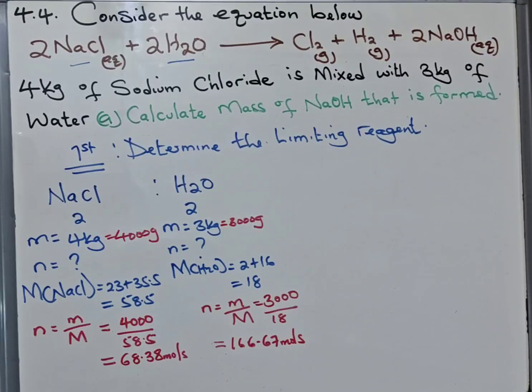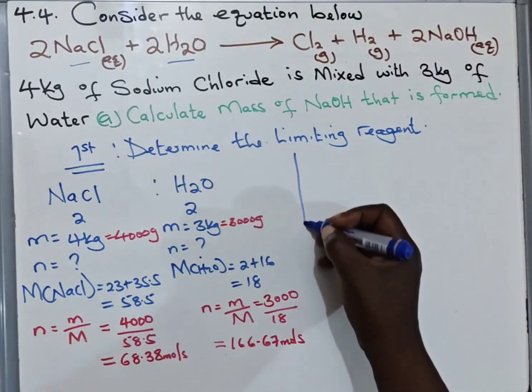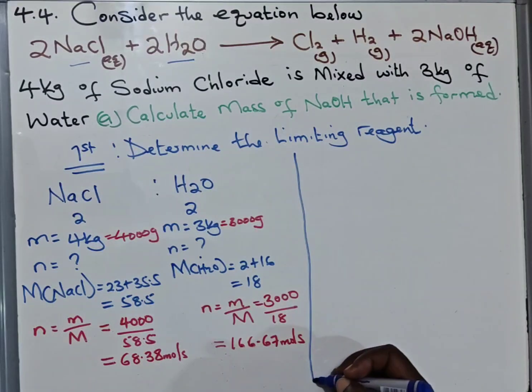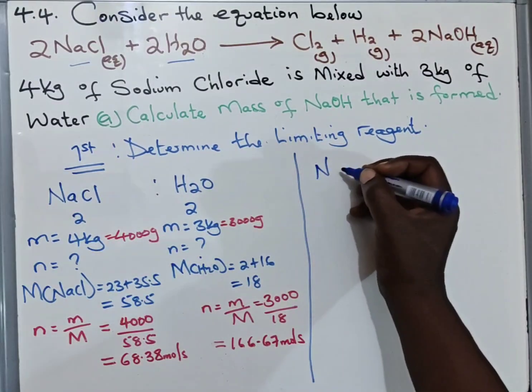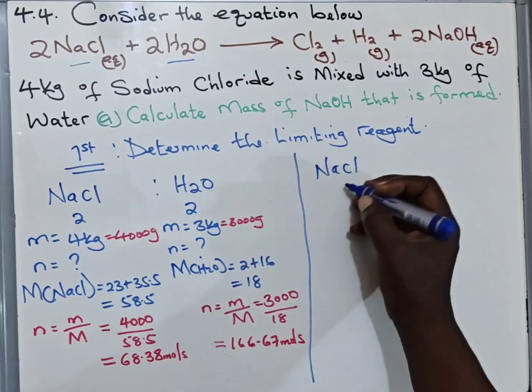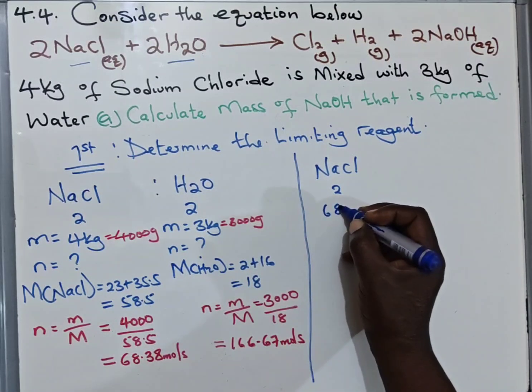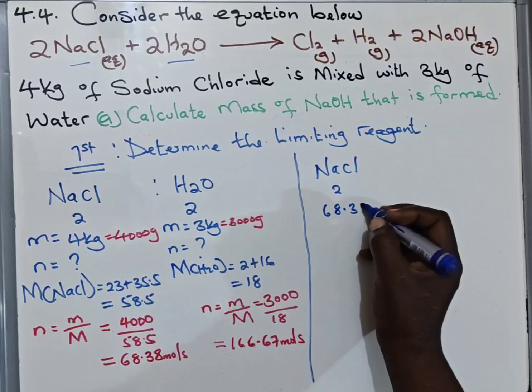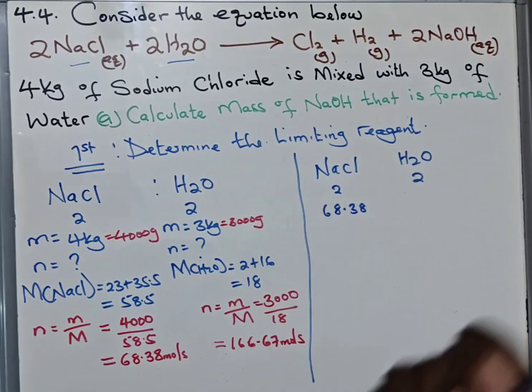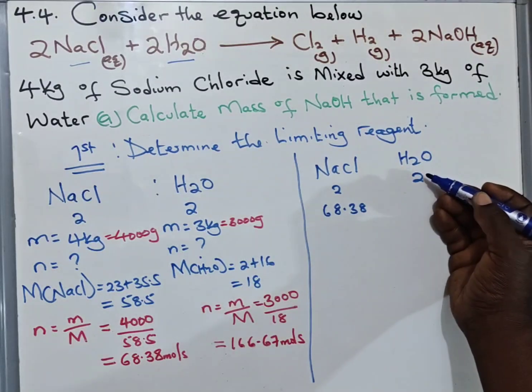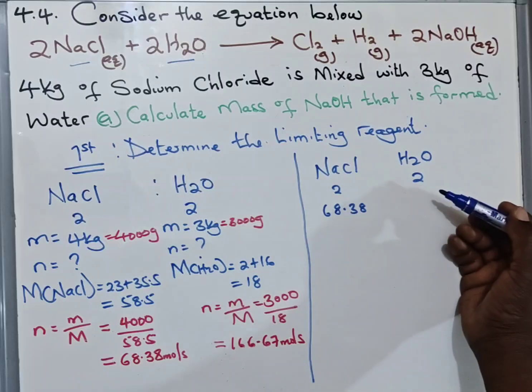Next step is now to perform the comparison. So we are having sodium chloride. The ratio is 2, and the number of moles is 68.38. For water, remember the ratio is 2 to 2.